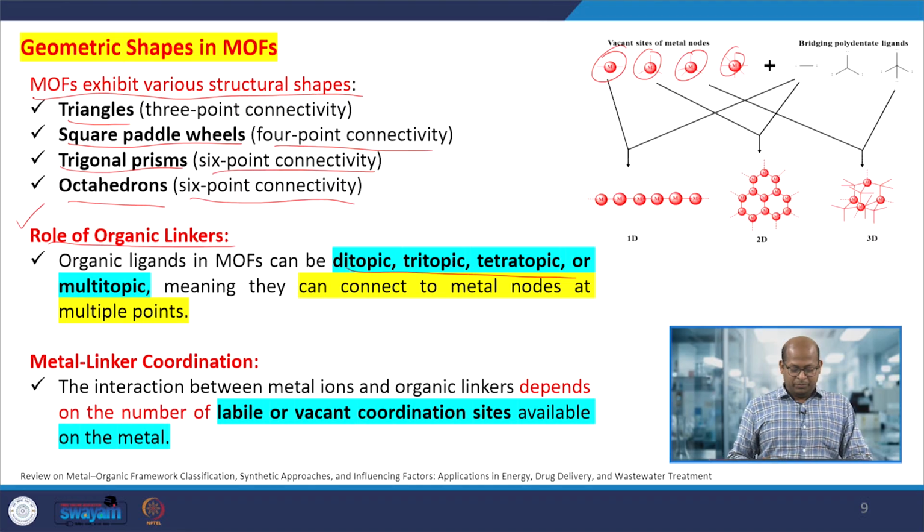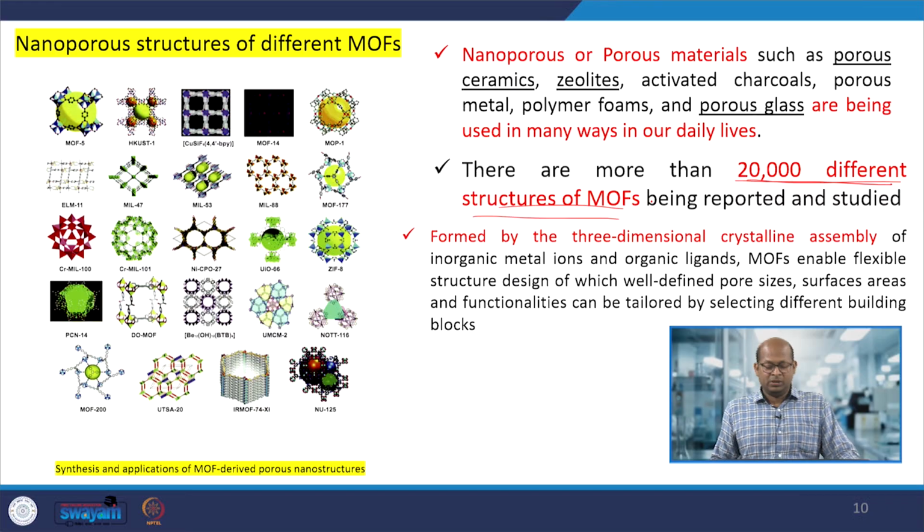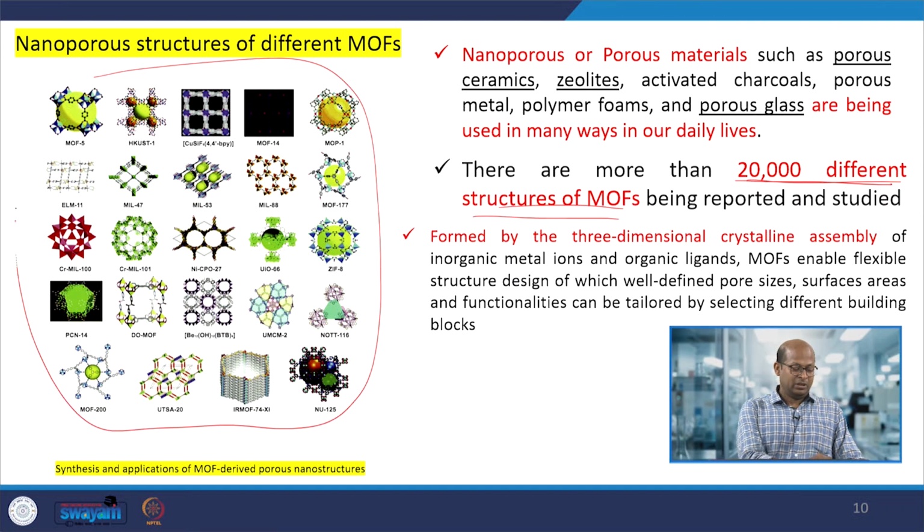Depending upon the different sites available, the metals will link with them. So, there are many different structures. As I said, more than 20,000 different structures are possible, and different labs are preparing different materials, and a lot of structures and materials have been developed and proposed.